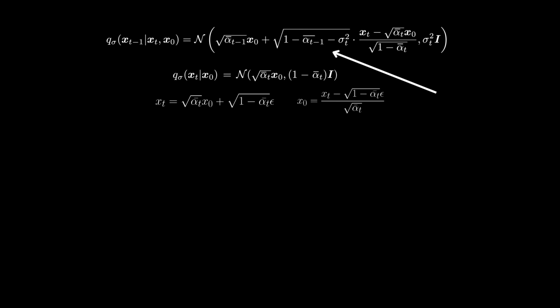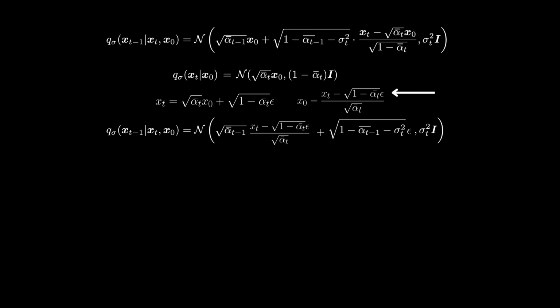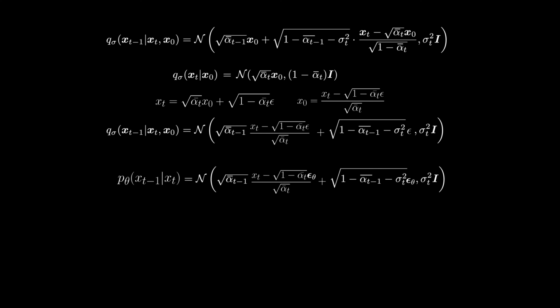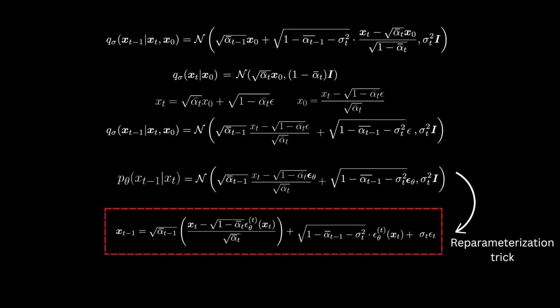And then in this mean formulation, we replace x0 with this expression. From our ground truth denoising distribution, we get our predicted reverse distribution, which will have the same form, except instead of the original noise, we'll have the noise prediction made by our trained DDPM model, given xt as input. This gives us our sampling equation.